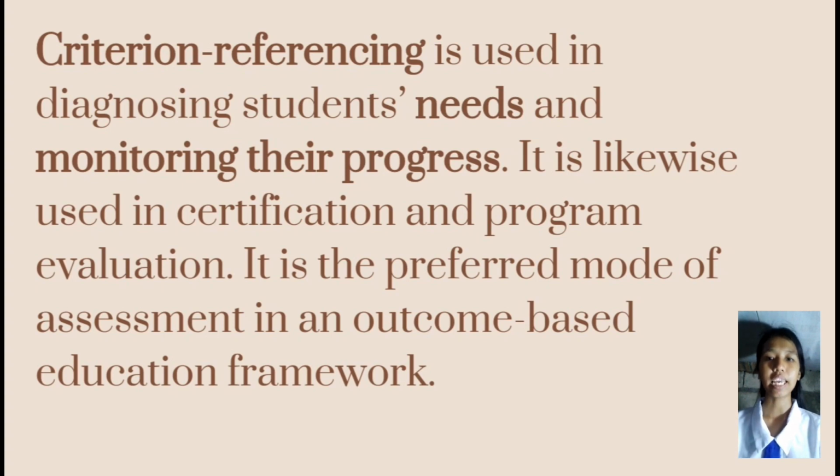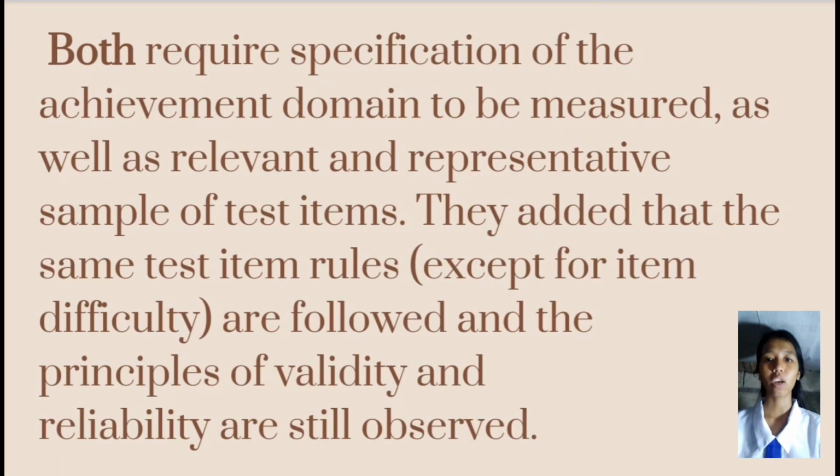Miller, Linn, and Gronlund 2009 stated that both require specification of the achievement domain to be measured as well as a relevant and representative sample of test items. They added that the same test item rules, except for item difficulty, are followed and the principles of validity and reliability are still observed.